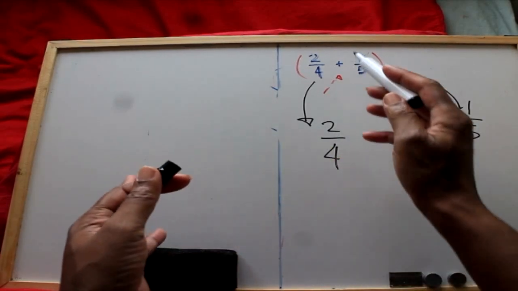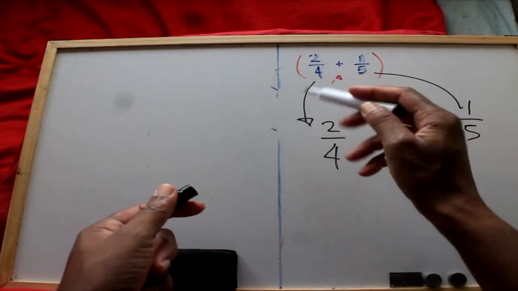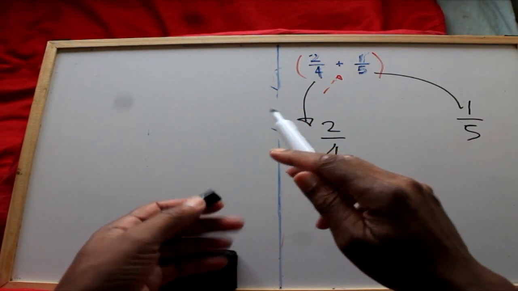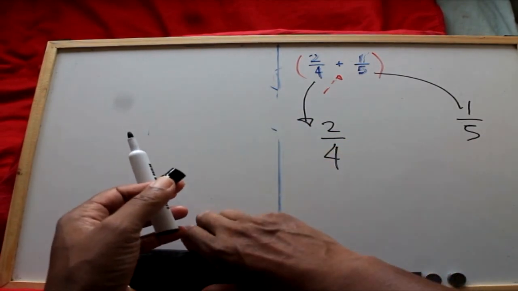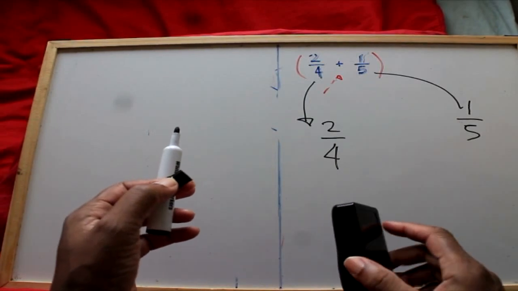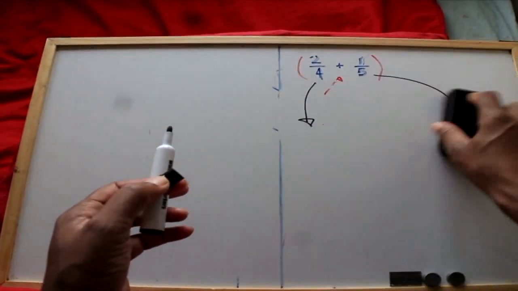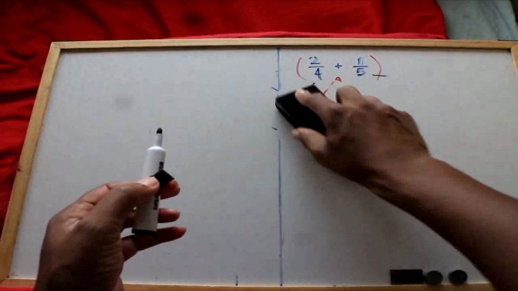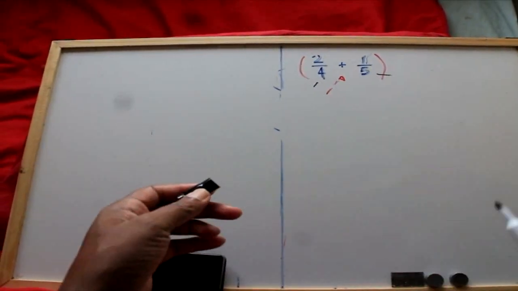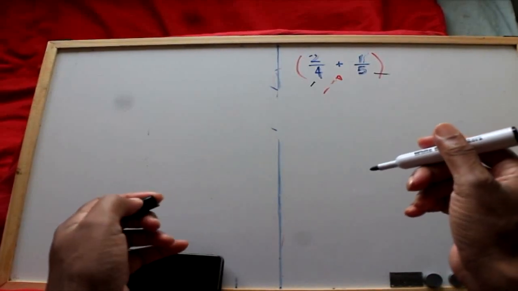If we can, we can just replace these with their equivalent fractions and we should be able to add them up. That might sound a little confusing at the moment, but I'm going to give you an example of how we would do this.